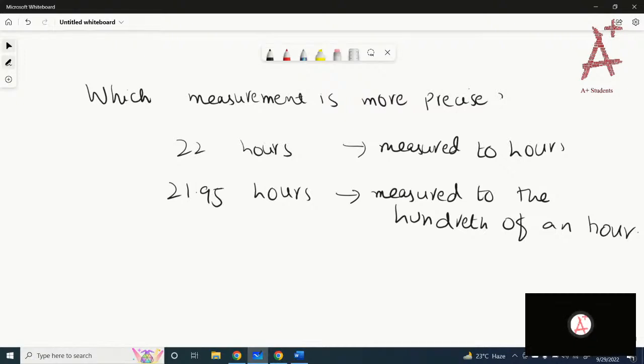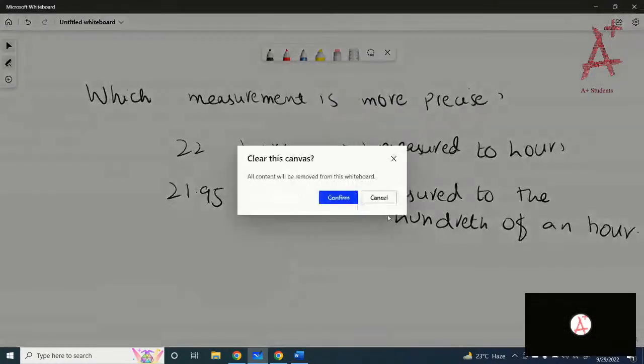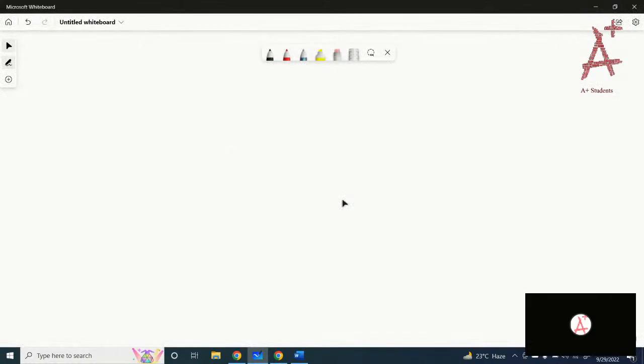Let's start with another example. Which measurement is more precise?